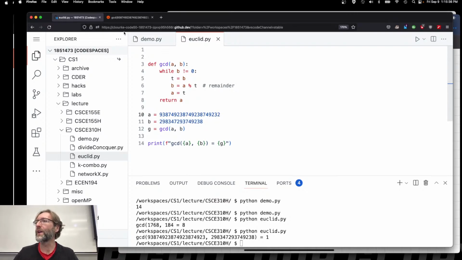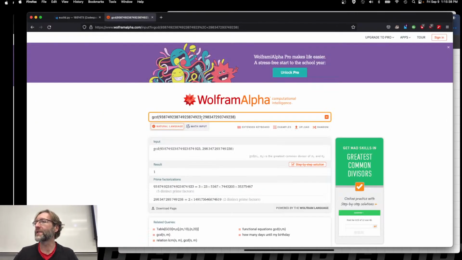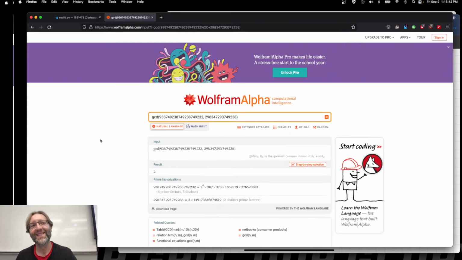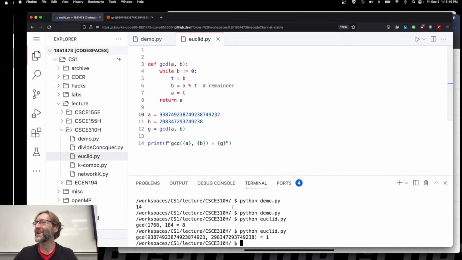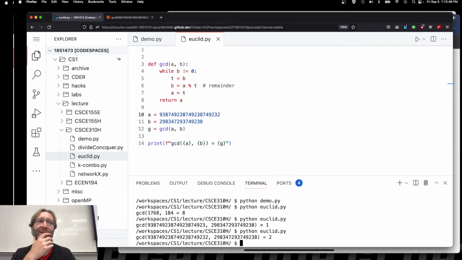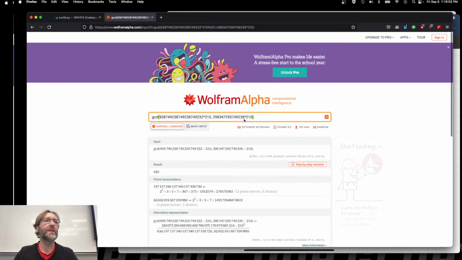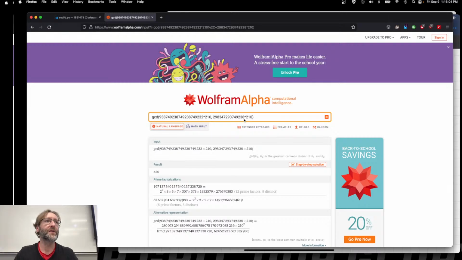If I add a 2 here, I'm assured that it's at least not co-prime anymore. Why? Because they're both even. Mashing the keyboard doesn't help at all, but at least I get some confidence here that these things are big. I know how I could take this further. I could say multiplied by 210 and multiply that by 210. And we know that the GCD before of 210 was 30.